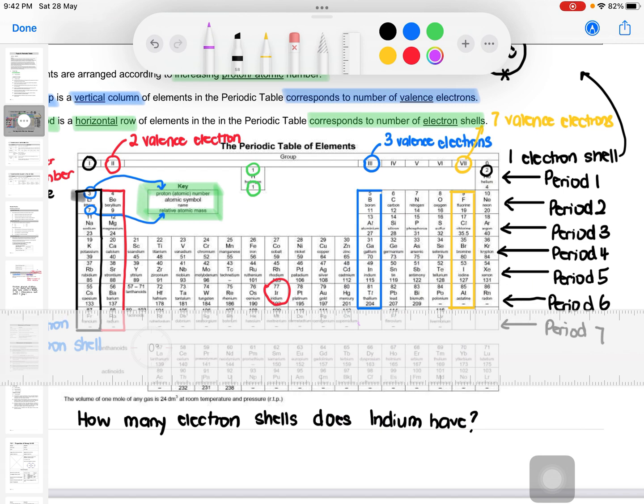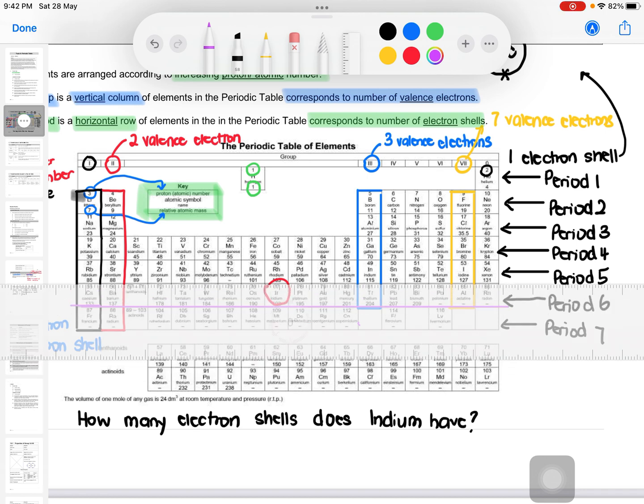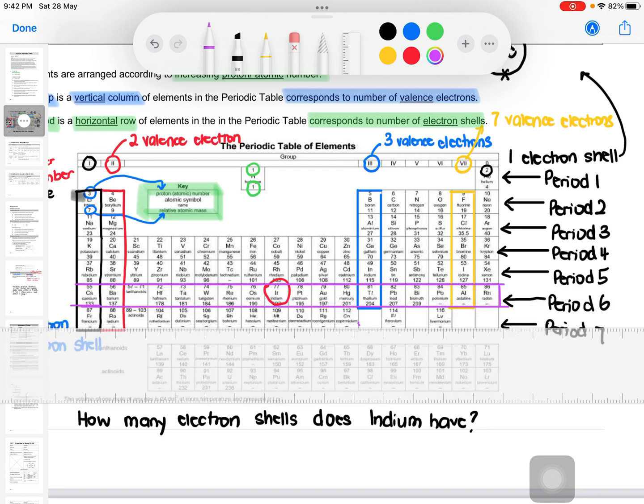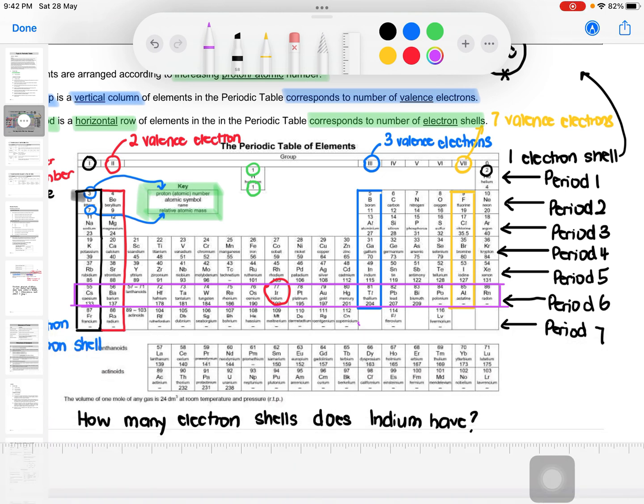So long as I belong to this horizontal row, all these elements will actually have 6 electron shells. So any of the elements that I highlight inside the box will have 6 electron shells.